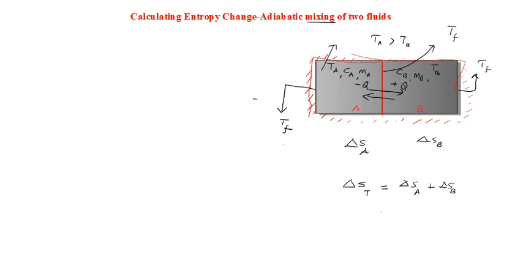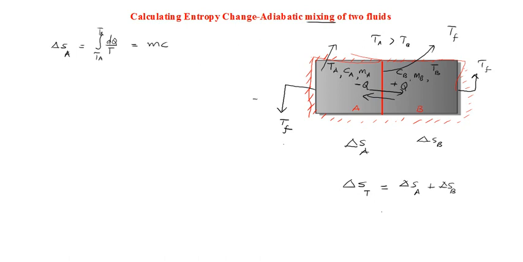So our usual equation applies: delta S of A will be equal to the integral from the initial temperature of A to the final temperature, of dq by T, which we usually write as what?